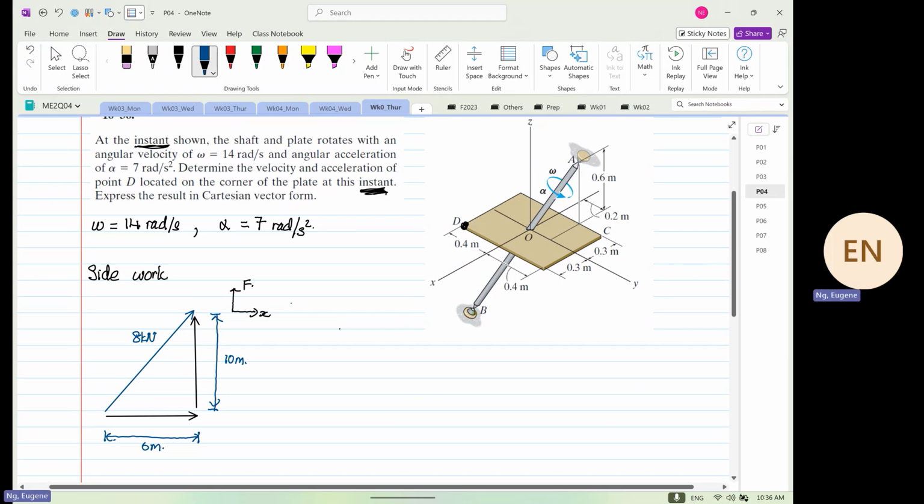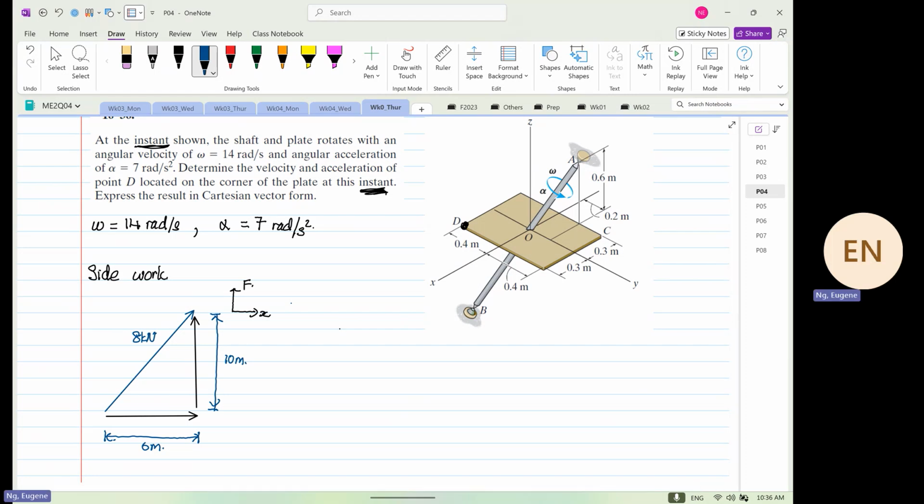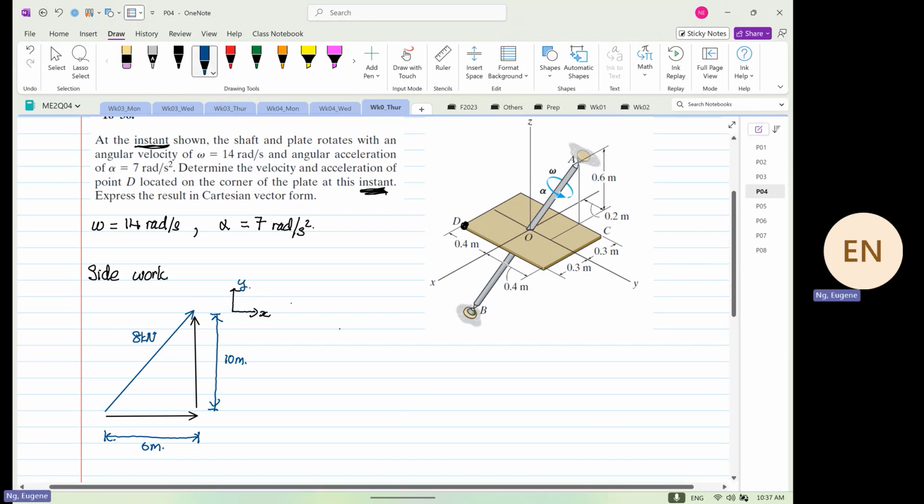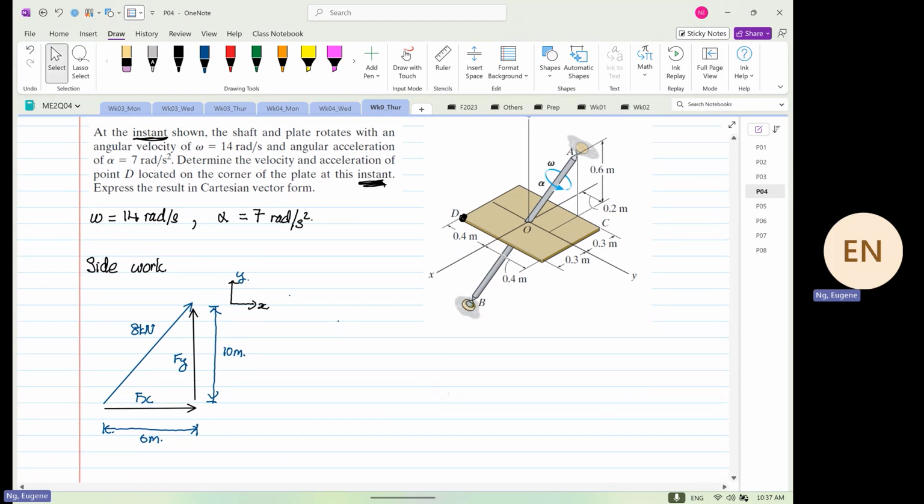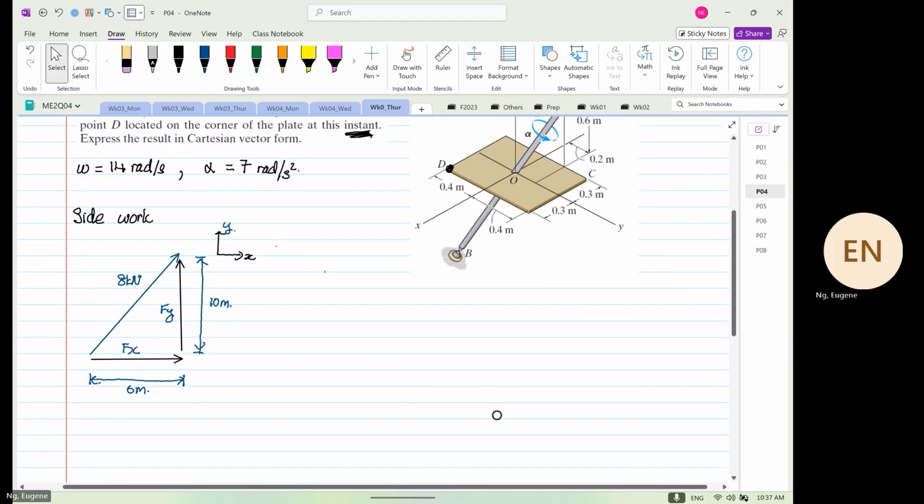So we want to determine what is our Fx and Fy. There are two ways that you can do this. One is we are going to use similar triangles.